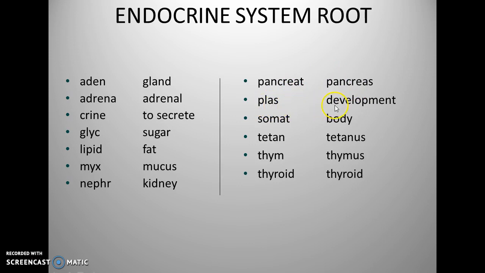Plas means development. Somat, body. Tetany, thymus, thyroid. Well, just thyroid. Okay, so these are some of the keywords that you should be familiar with as relates to the endocrine system. So these are key root words that you should be associated with in relationship to the endocrine system.